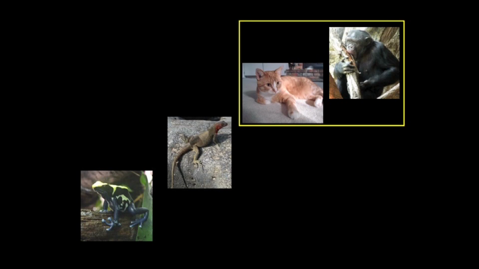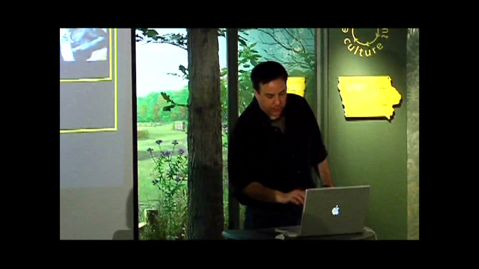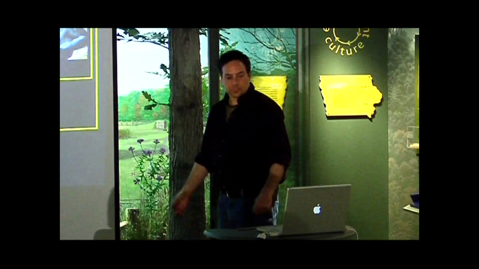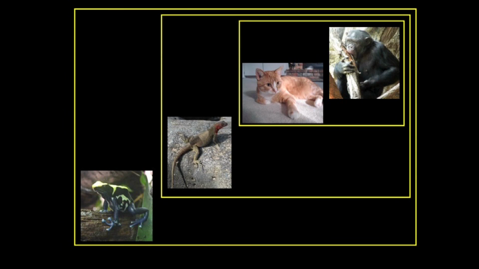But the lizard also shares things with the chimp and the cat that none of these three shares with the frog, and the frog also shares things with the mammals and the lizard that none of these would share with maybe a fish. This forms a hierarchy, a set of groups nested within groups.